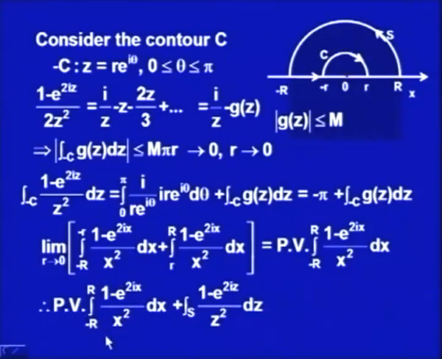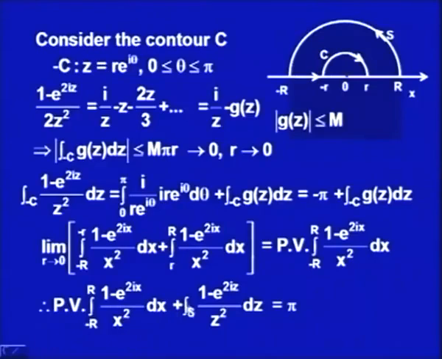So, we are getting that, because these two integrals on the real line approach the principal value of the integral from minus R to plus R, plus the integral along this bigger semicircle of this function, and plus the integral along this smaller semicircle, it is now minus pi plus this one, and as small r approaches 0, this approaches 0. So, it is minus pi which is equal to 0. So, this minus pi I am taking to the right hand side as plus pi.